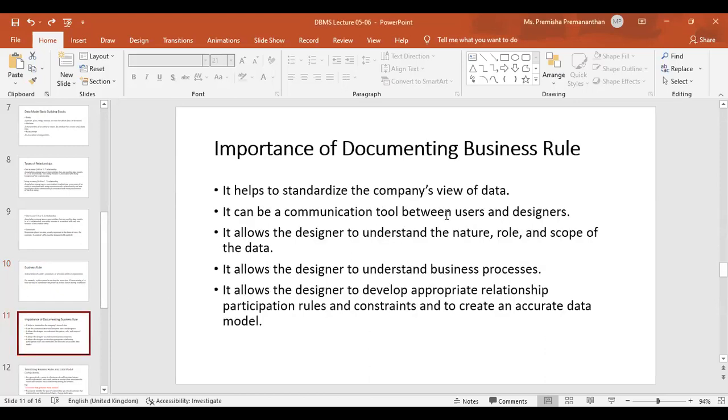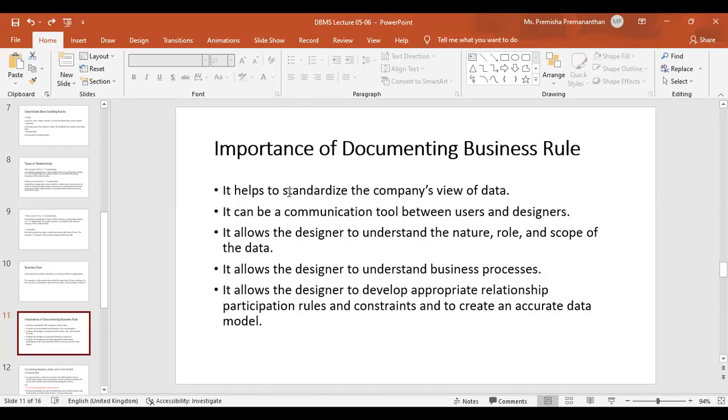The importance of documenting business rules: why do we need to document them? If you don't document those rules when creating the database, the designers or the end users won't be aware of them, right?